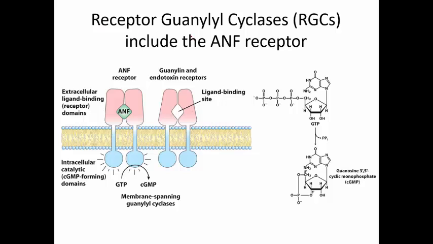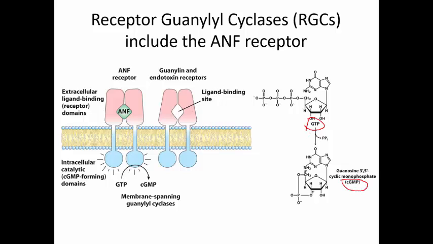Receptor guanylyl cyclase means it's going to cyclize guanosine monophosphate. We saw an adenylyl cyclase in the epinephrine pathway. This is just a guanylyl cyclase. So instead of taking ATP and going to cAMP, it's going to take GTP and go to cGMP in exactly the same way.